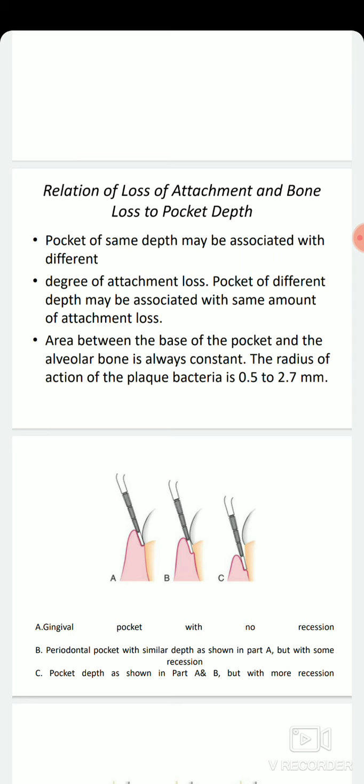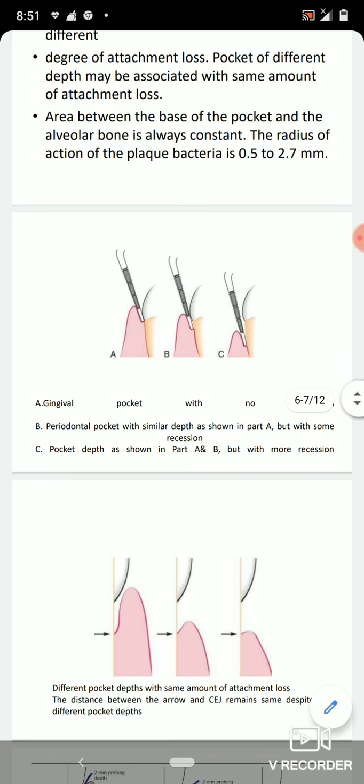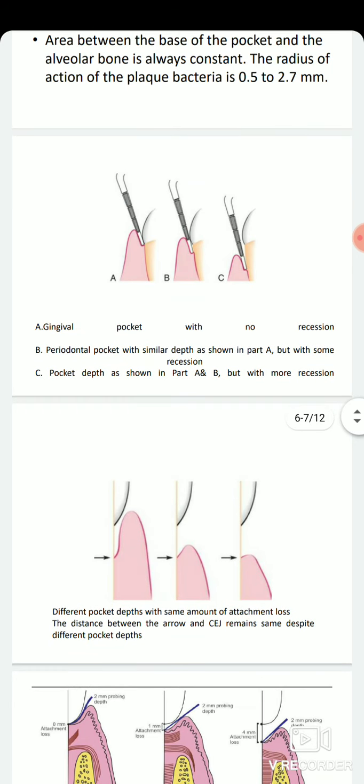The area between the base of the pocket and the alveolar bone is always constant, and the radius of action of the plaque bacteria is measured to be between 0.5 to 2.7 millimeters. As you can notice in this particular picture, in figure A, there is a gingival pocket measuring about 3 millimeters, from the marginal gingiva to the base of the sulcus, with no gingival recession associated.